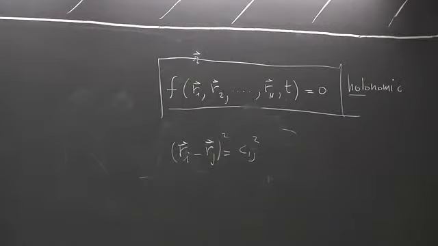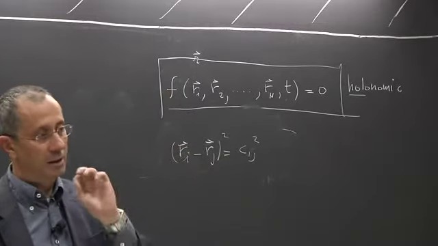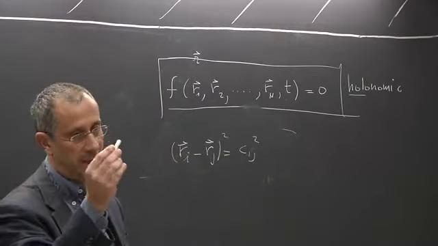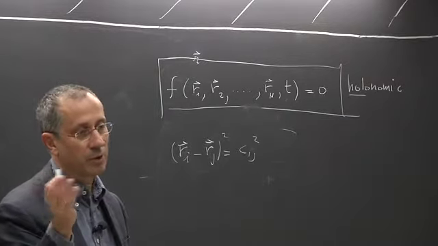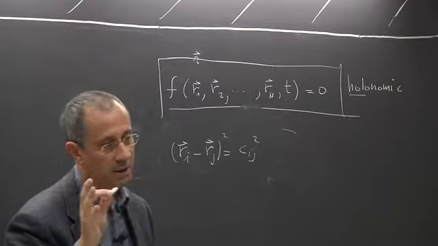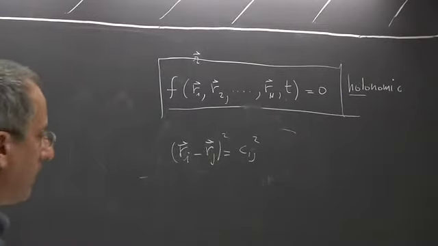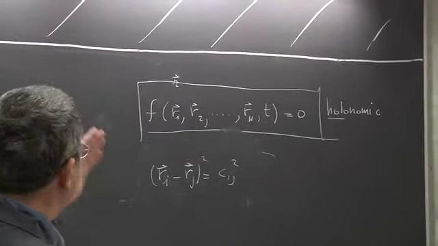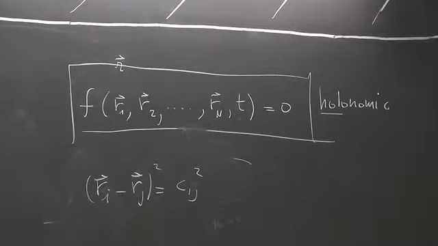And as I said, if you identify those 6 coordinates, like I did before, center of mass plus rotational, then you can forget about the rigid body. Just write your equations for these 6 coordinates, and the constraint is taken care of automatically. So you may wonder, okay, this is the holonomic, but what is an example of non-holonomic constraint?